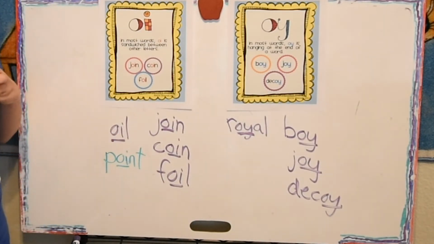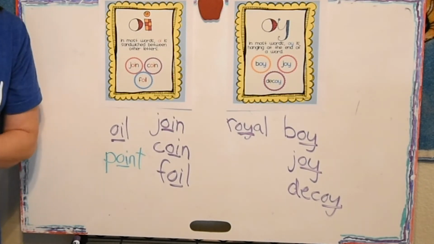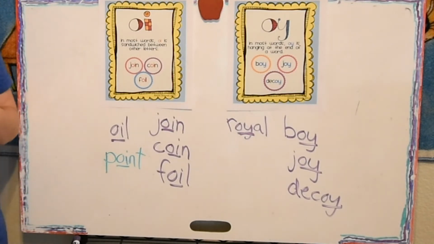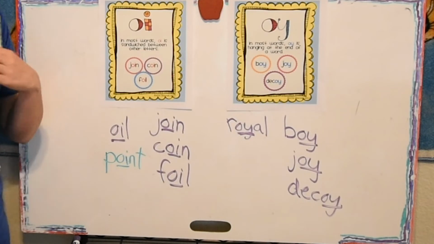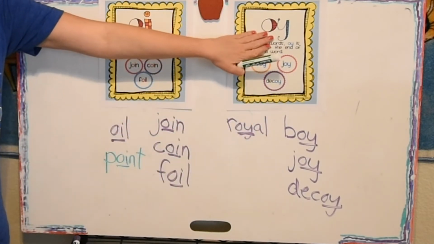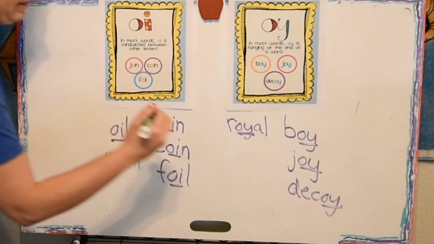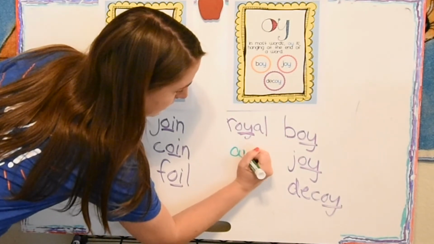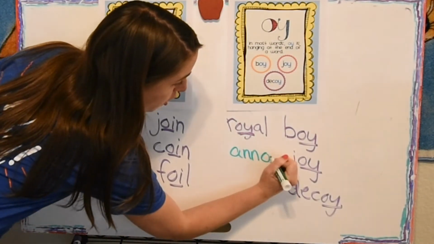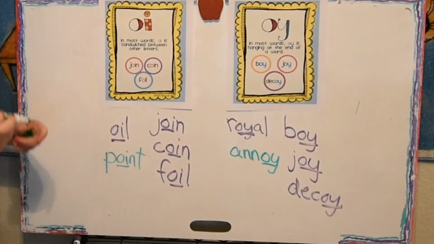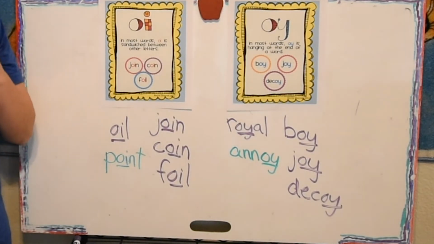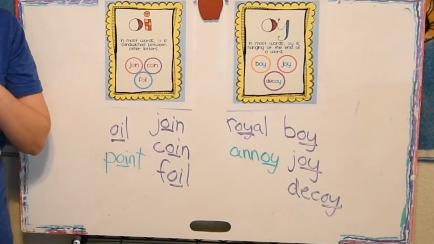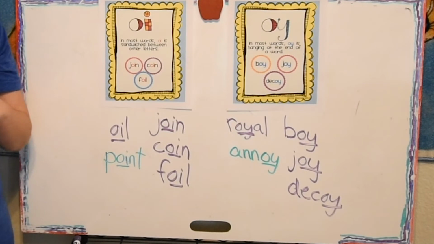Now if I think of the word annoy, okay? That oi sound is at the end of the word, so we know it belongs with oy. So we write that A-N-N-O-Y. All right, another word we could do is noise.